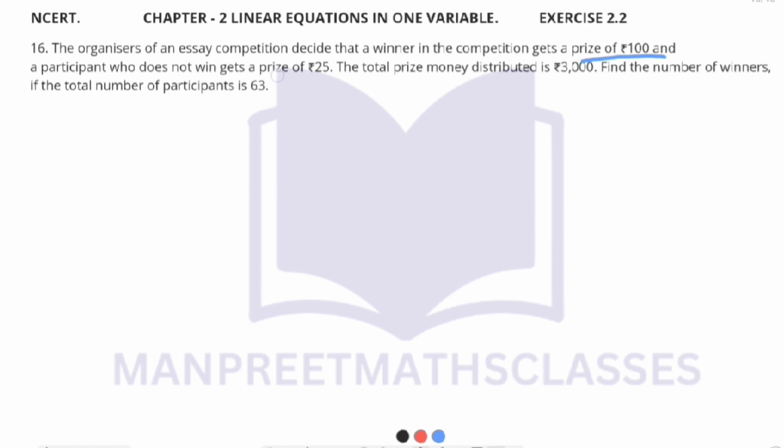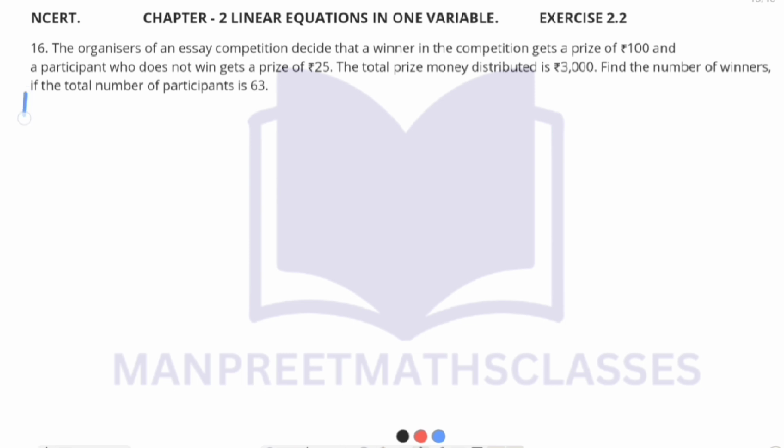But जिसने participate किया है and is not able to win, उसको भी 25 rupees मिलेंगे. So total prize money distributed is 3000. जो total money उन्होंने distribute करे that is 3000. अब find the number of winners if the total number of participants is 63. हमें winners find करने हैं अगर जो total जितने बच्चों ने participate किया है that are 63.